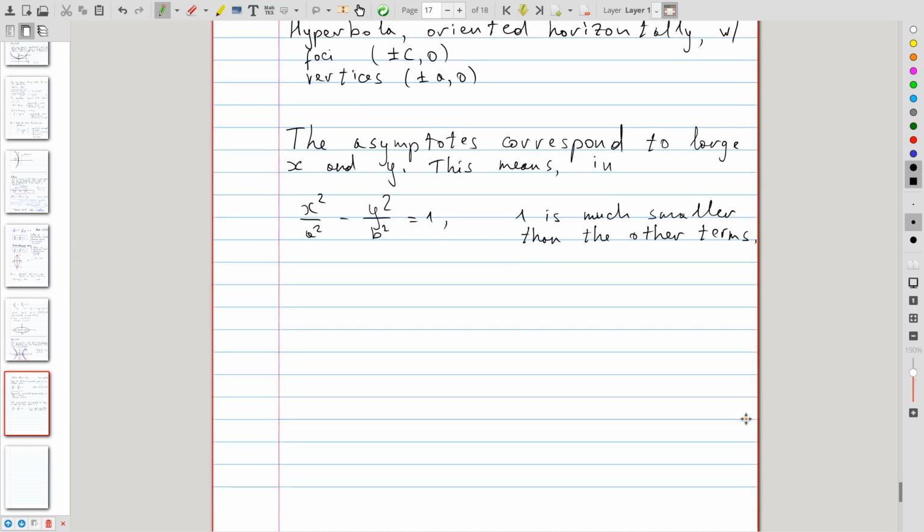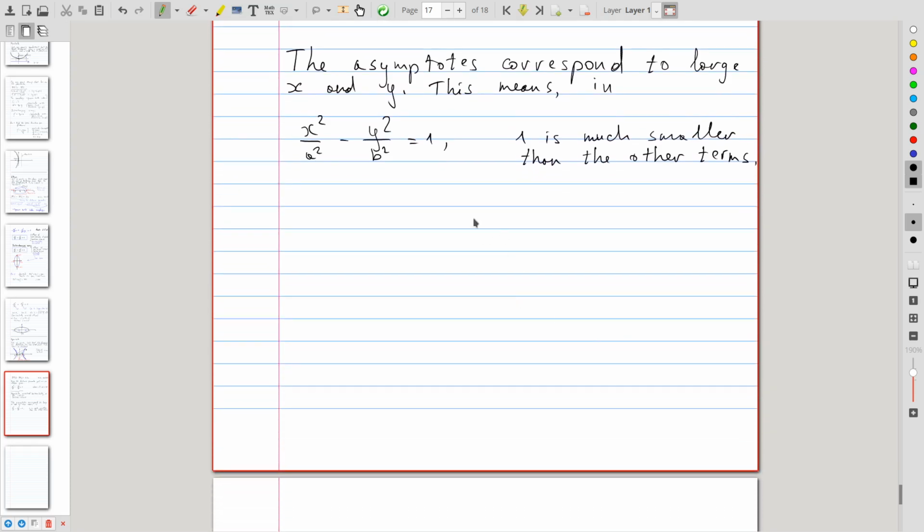Consequently, it is negligible. Right, so 1 is negligible compared to the other terms. But without it, we get the following equation. Without 1, we get x squared over a squared equals y squared over b squared. And this is precisely the equation of the asymptotes.